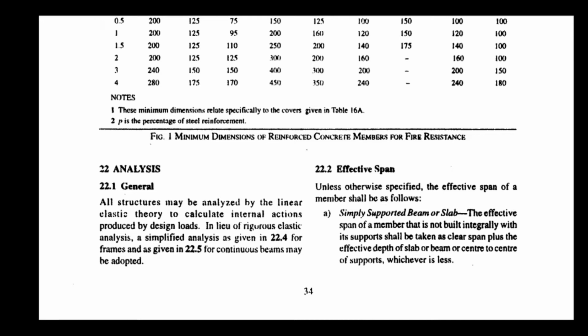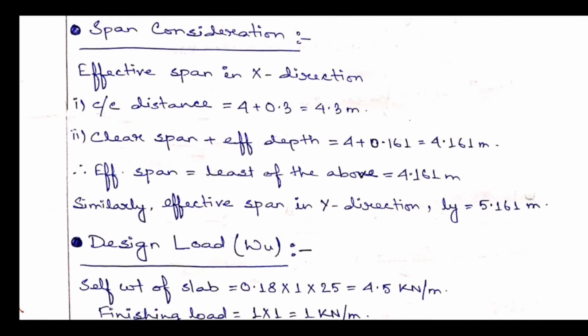Look, simply supported beam or slab: the effective span of a member that is not built integrally with its support shall be taken as clear span plus the effective depth of the slab or beam, or center to center of support, whichever is less.